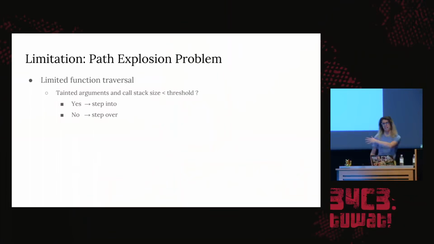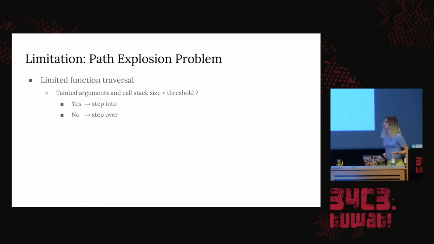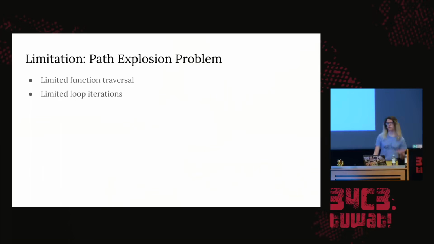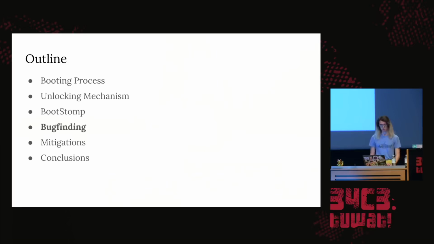We don't have to actually analyze a function; we can just take the instruction pointer and move it over there. This does cause some unsoundness, but it's not a problem if you make sure that the arguments aren't tainted, for example, or sometimes you just accept the unsoundness as part of the tractability of the problem. Limit loop operations, that's a classic technique from static analysis, and the timeout, of course.